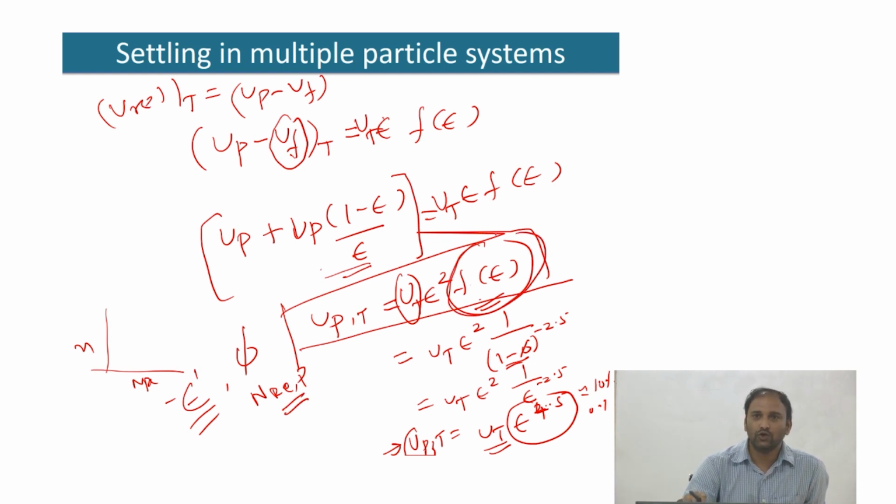You would have to use the appropriate functional form and then substitute in an equation like this. And as we said, this is only applicable if I am working with particles of smaller size, where the Reynolds number comes into the Stokes settling regime, because we started off with the Stokes settling regime. However, if you want to work with other settling regimes, you would have to modify the expressions appropriately.